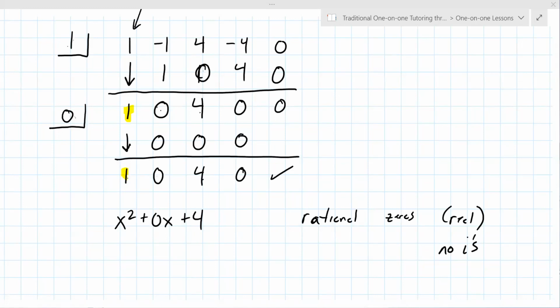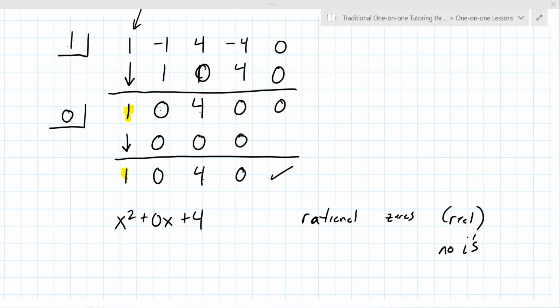All right, so let me actually grab a synthetic division problem that's better than these, because this was really bad. I apologize. Okay, so let me grab this one.